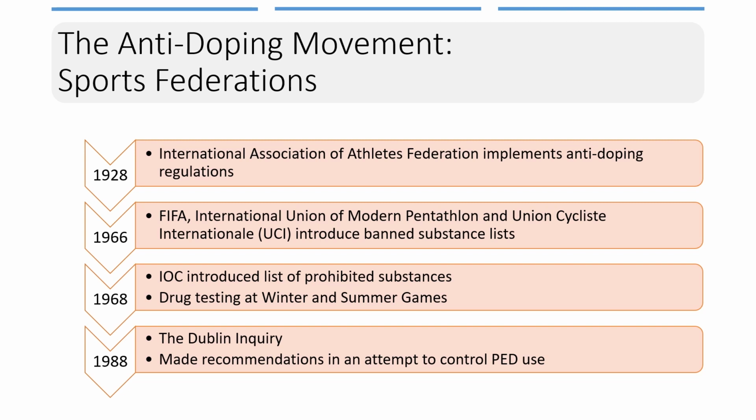They didn't have the technology. But a significant turning point occurred in 1966 with the tragic death of a cyclist due to doping-related competitions. The Dubin inquiry followed the scandal involving Canadian sprinter Ben Johnson, who tested positive for anabolic steroids in 1988, which also served as a hallmark for the development of the World Anti-Doping Code.